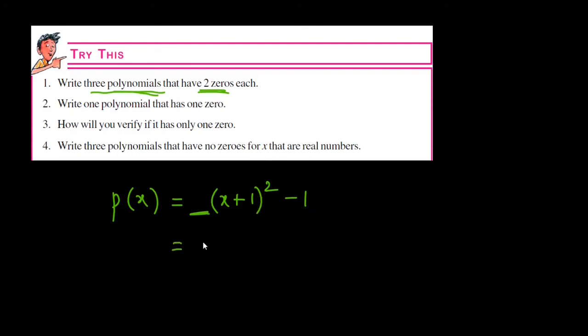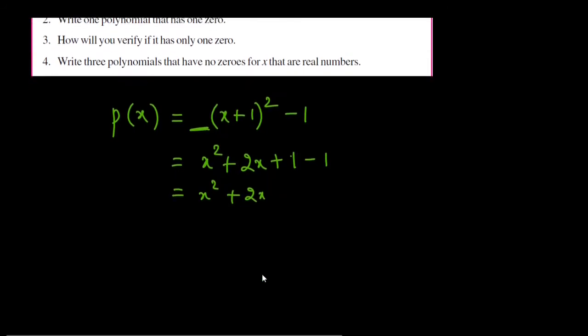This means x square plus 2x plus 1 minus 1. This is x square plus 2x. This has two zeros.